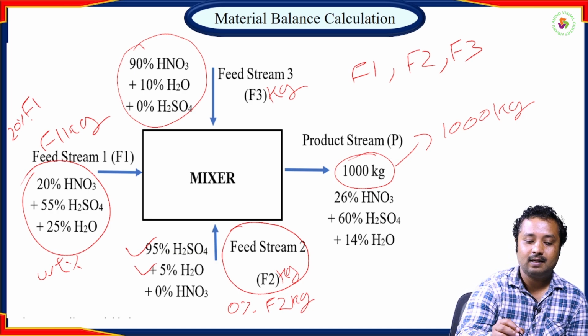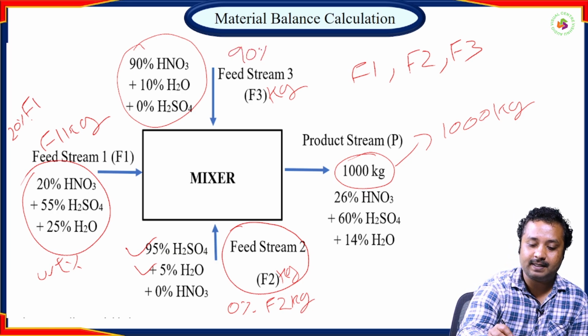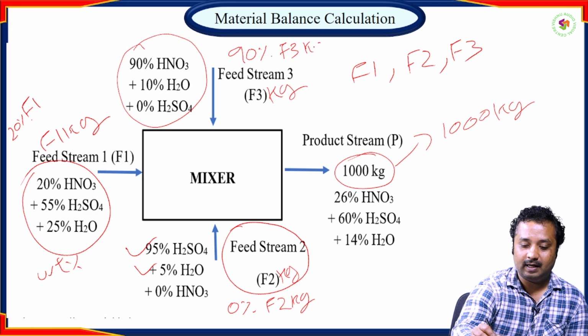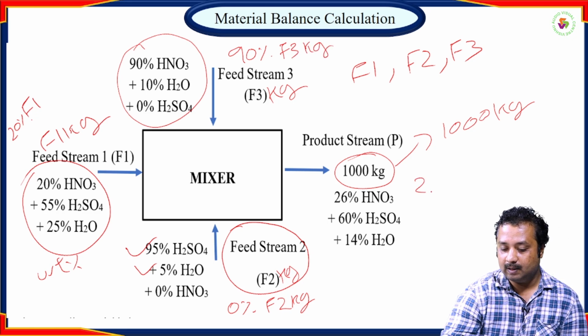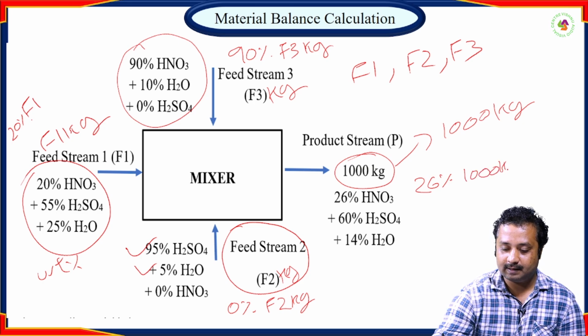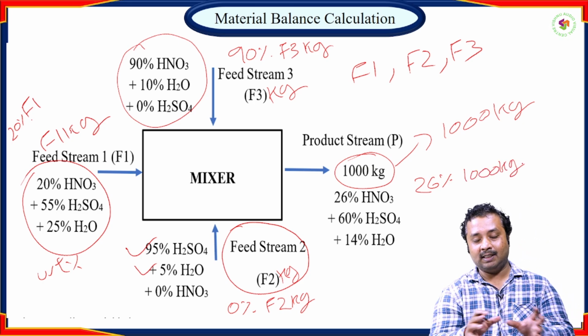Here HNO3 is present as 90% of F3 kg. And here HNO3 is present as 26% of 1000 kg. Okay, so that is the component balance.